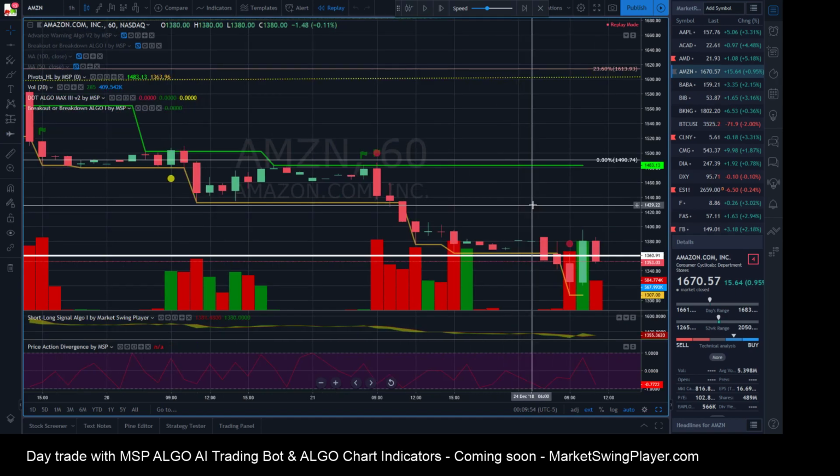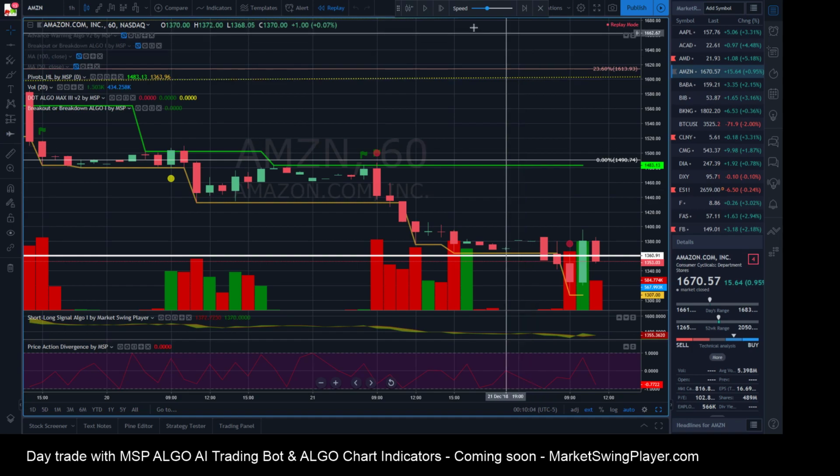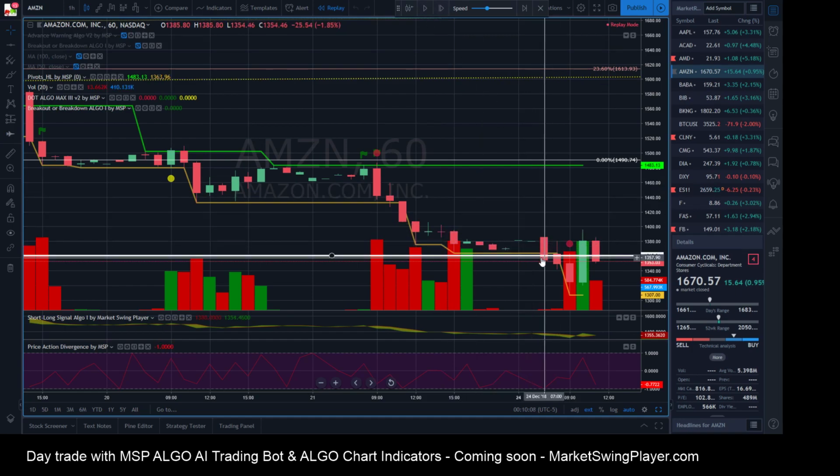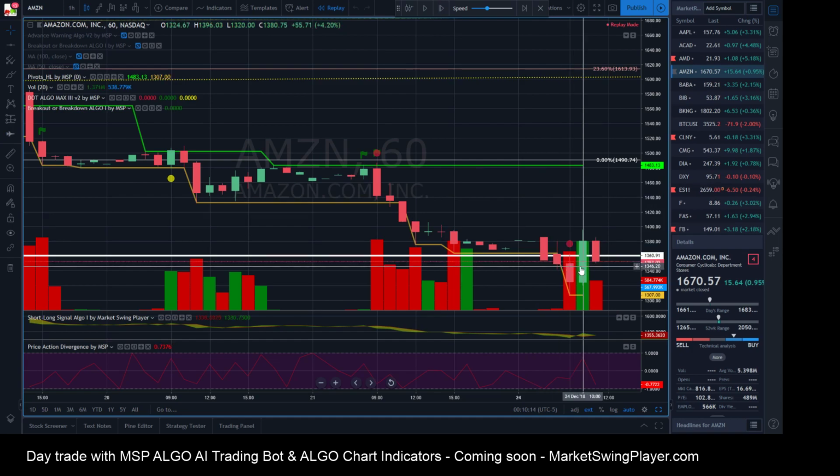It's easy to say what you're gonna do when you have all the candles. But what about when you don't, right? So this is the 24th, and this is the candle that is in play.